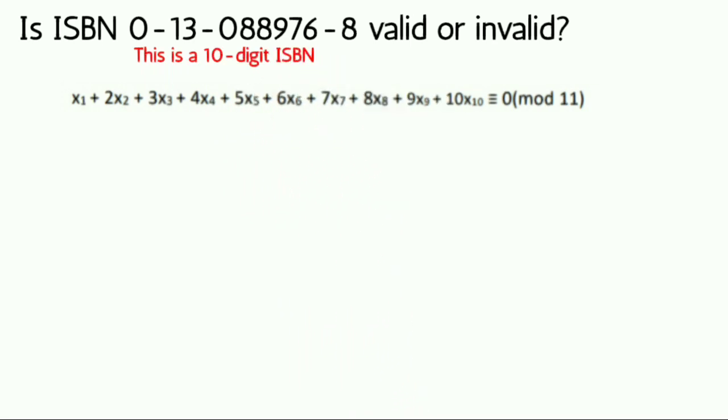In our ISBN, 0 is our x sub 1, 1 is our x sub 2, 3 is our x sub 3, and so on.